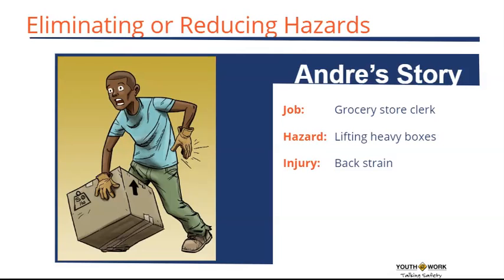If we know that boxes are going to need to be unloaded from this truck onto a wooden pallet, then we could limit the amount of weight in each box to make sure that it's an amount of weight that one person can comfortably get from the truck onto the pallet.